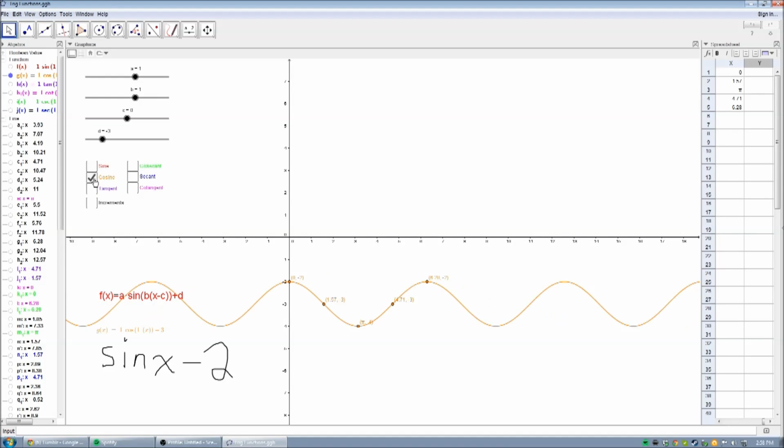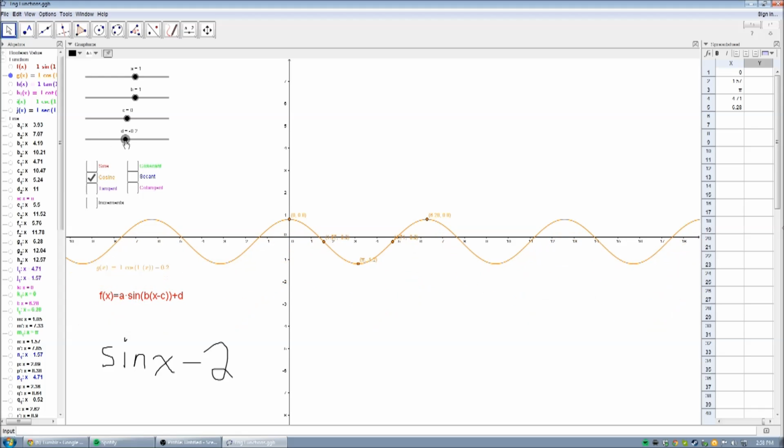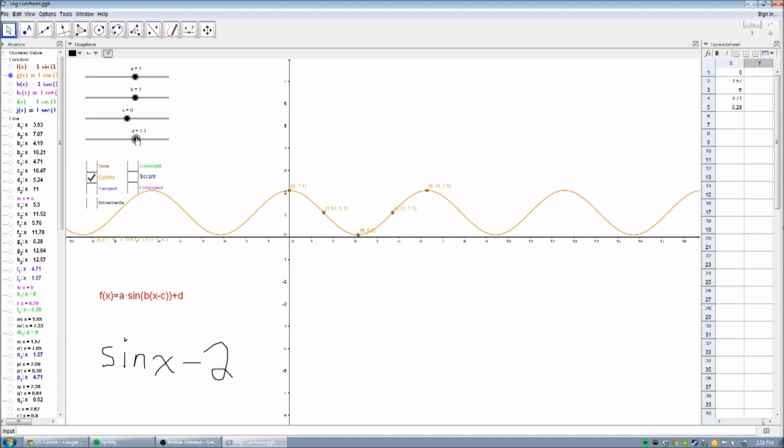And the same thing works with cosine. The parent cosine function looks like this, where we start out at 1, then go to 0, negative 1, 0, positive 1. So in this case, if we had a d variable of 1, we would start at 1 on the y-axis, and everything gets shifted up 1.